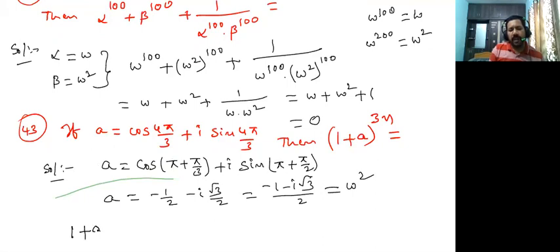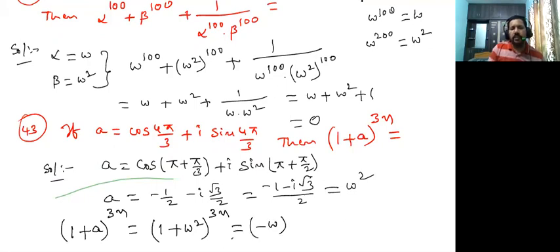But we need to find 1 plus A whole power 3n. See, 1 plus omega square whole power 3n. What is 1 plus omega square value? That is minus omega. Minus omega whole power 3n. So how to write this?